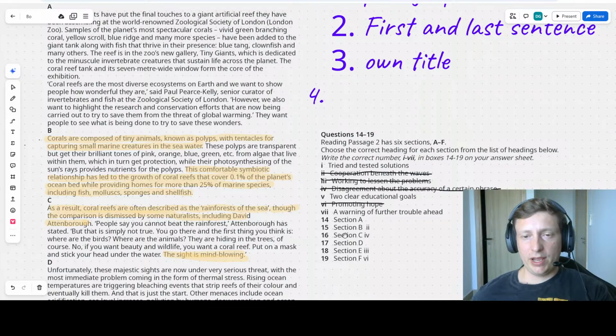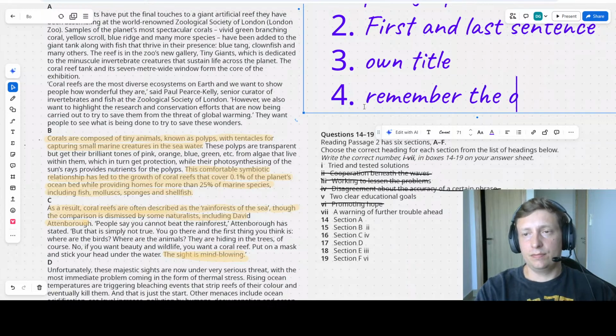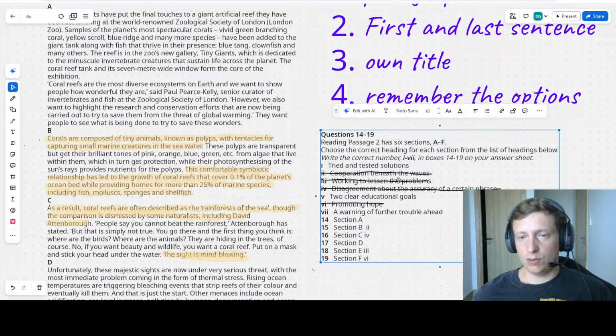The reason why we have to wait for this to happen at the end is if we had to remember all 7 headings in the back of our mind, it's going to be an impossible task. But when we get down to 2 or 3, we can just remember the options as we're reading.